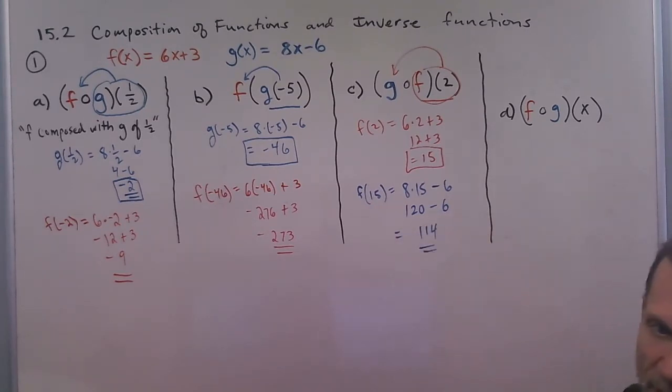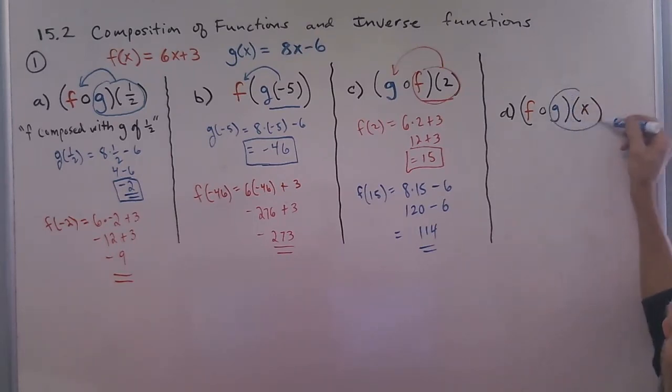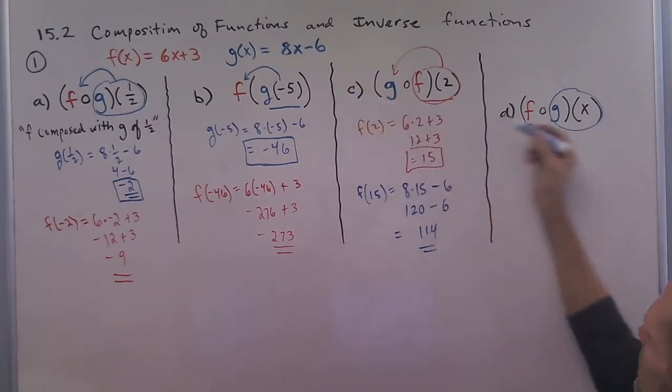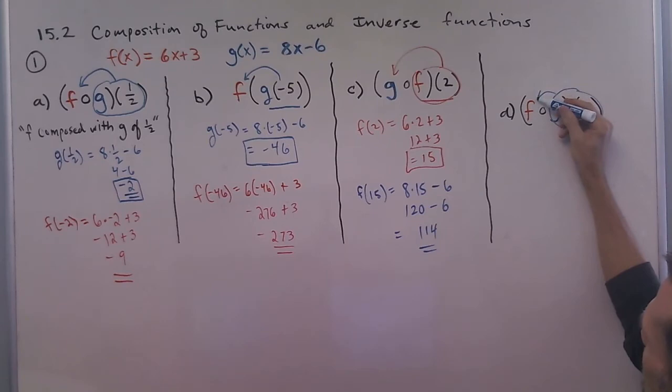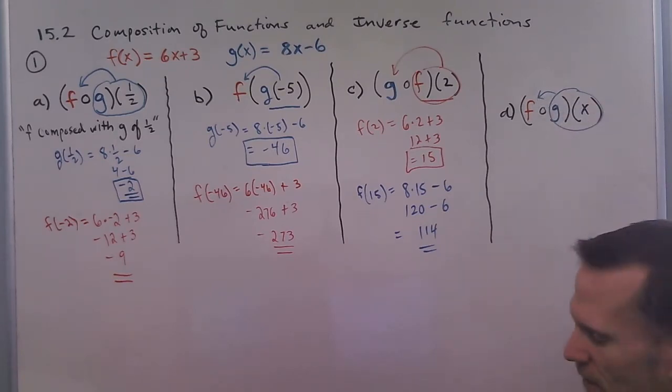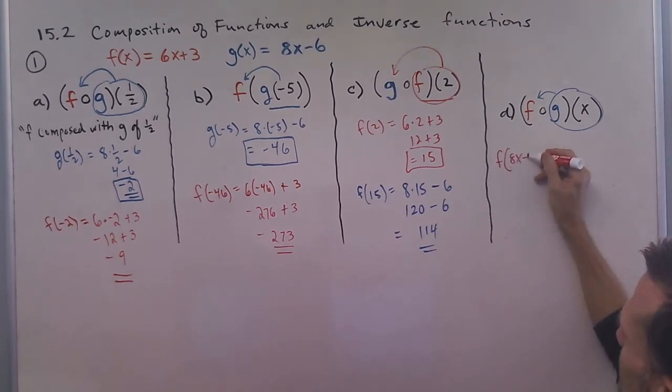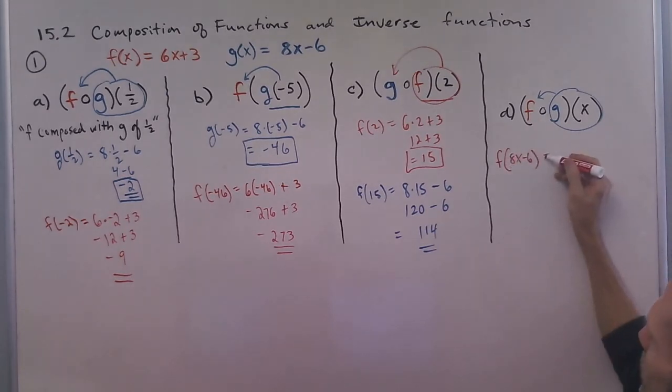Okay. And then this last one's a little more abstract. We're just going to use the x value. So we already know what g of x is. g of x is 8x minus 6. So I'm going to take 8x minus 6 and put it into the f function. Kind of strange here, but I'm going to put 8x minus 6 into the f function.